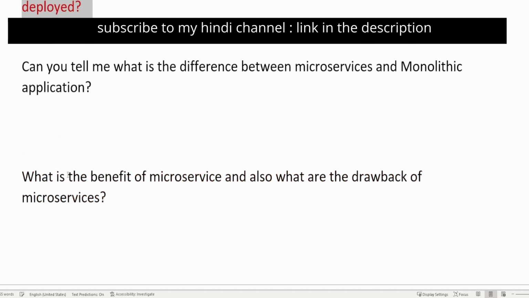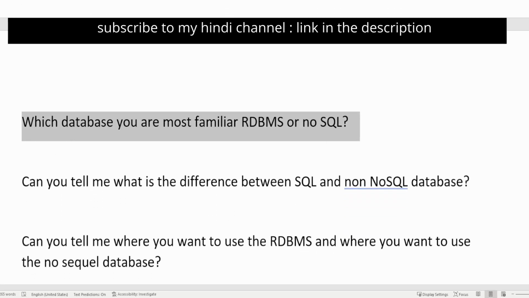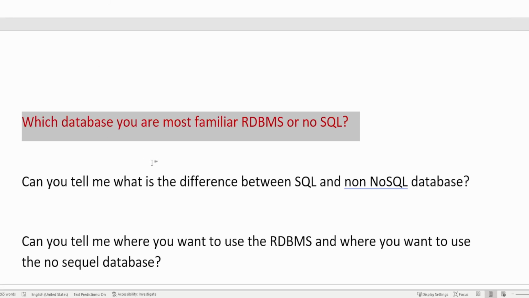Now, quickly the next question: which database are you most familiar with, RDBMS or NoSQL? There are two types of databases, RDBMS and NoSQL. NoSQL means not only SQL. An example of NoSQL is MongoDB, and examples of RDBMS are MySQL or Oracle.